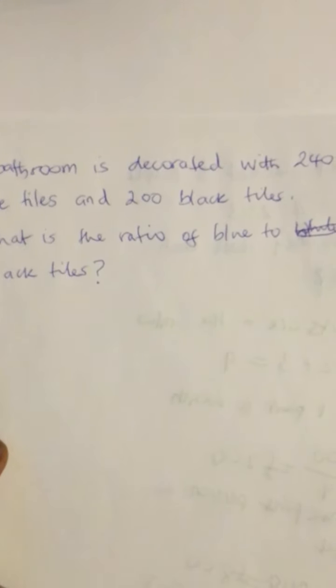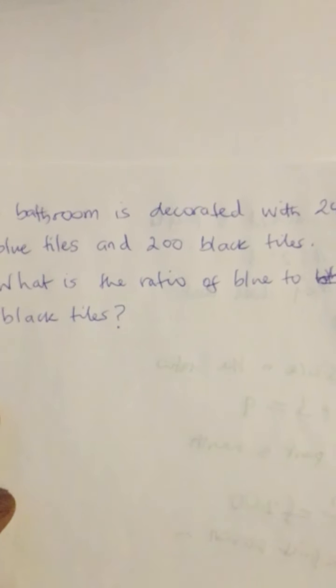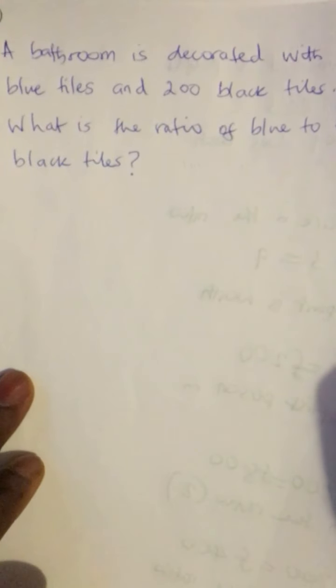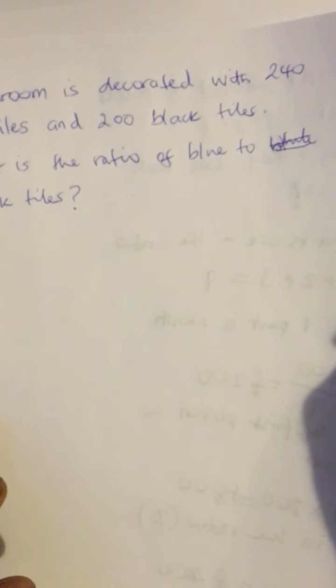So if we take a fourth example, here we have a bathroom decorated with 240 blue tiles and 200 black tiles.